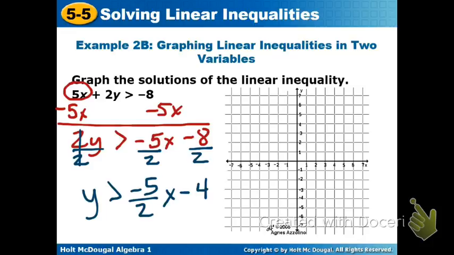We want to start with first that negative 4. So that tells me that my intercept is on the y-axis at negative 4. There, right there. Perfect. Now, a slope of negative 5 over 2 tells me I can go down 5, right 2, but notice that's going to pull me clear off the graph.